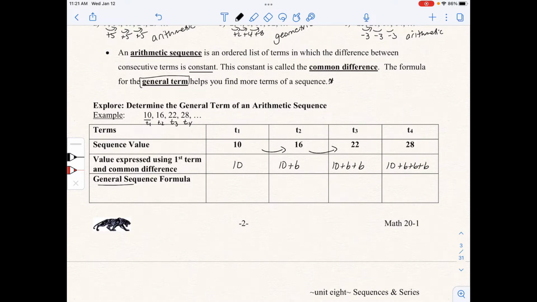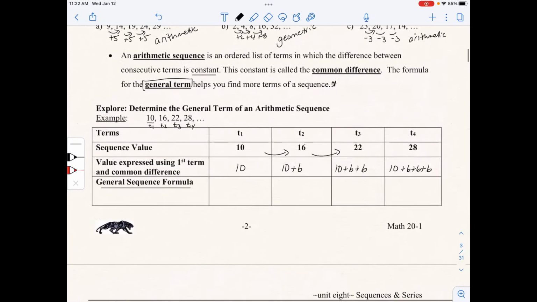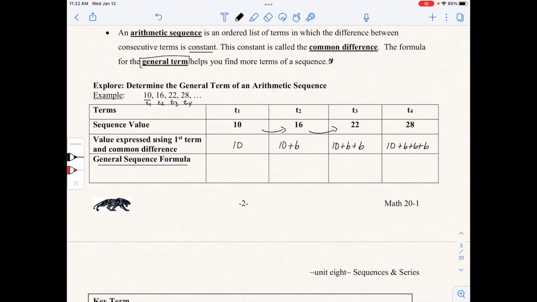So if I look at my general sequence formula, if I want to develop this, what I notice is that for term 1, we've got 10 plus no 6s. For term 2, we've got 10 plus 1 6. For term 3, we've got 10 plus 2 6s. And for term 4, 10 plus 3 6s. So probably many of you can see the pattern already.